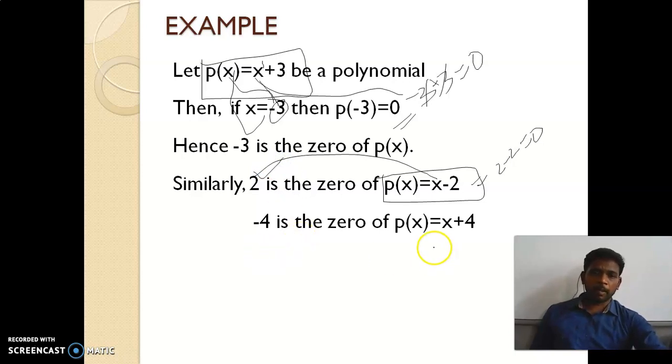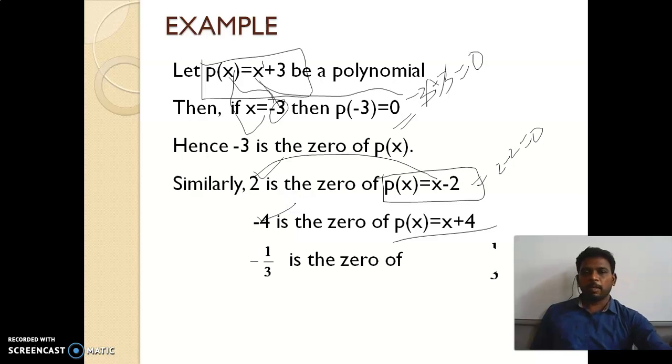Here x plus 4 is a polynomial. If you replace x with minus 4, this will become 0. Therefore minus 4 is the zero of the polynomial. And similarly, in this polynomial, if you replace x with minus 1 by 3, we get 0. Therefore, these numbers are the zeros of the corresponding given polynomials. So that is the procedure to find the zero of a polynomial.